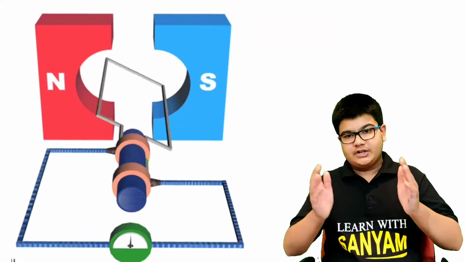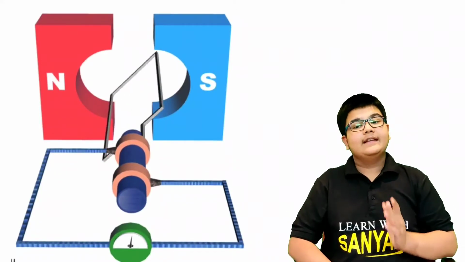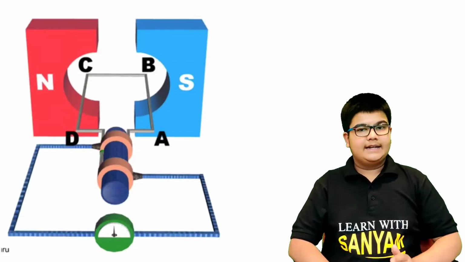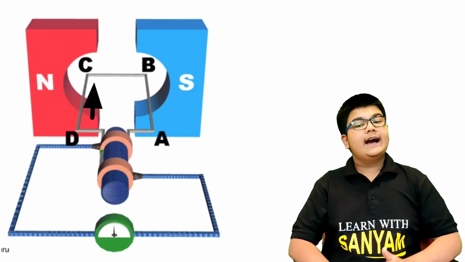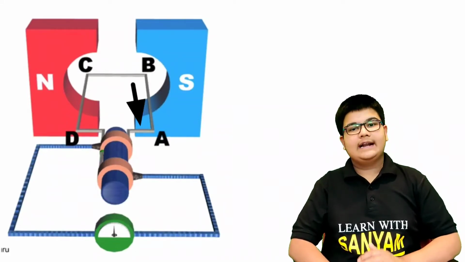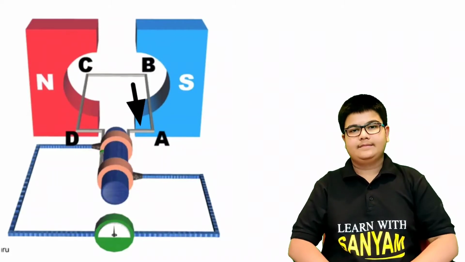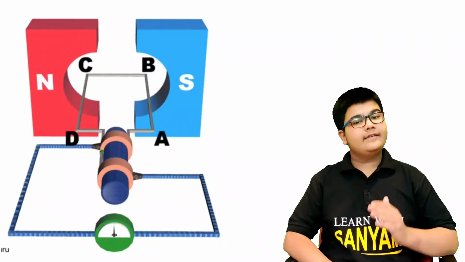After half rotation, the positions of arms CD and AB reverse. So arm CD moves upwards and the current moves inwards, that is from D to C, while arm AB moves downwards and the current in it moves outwards, that is from B to A. So now the direction of current will also get reversed.